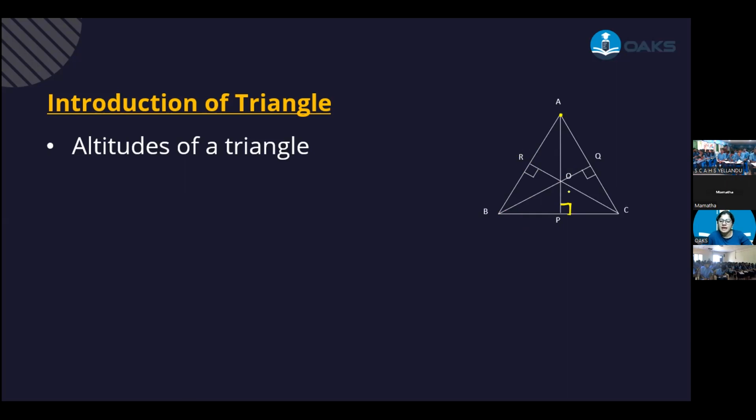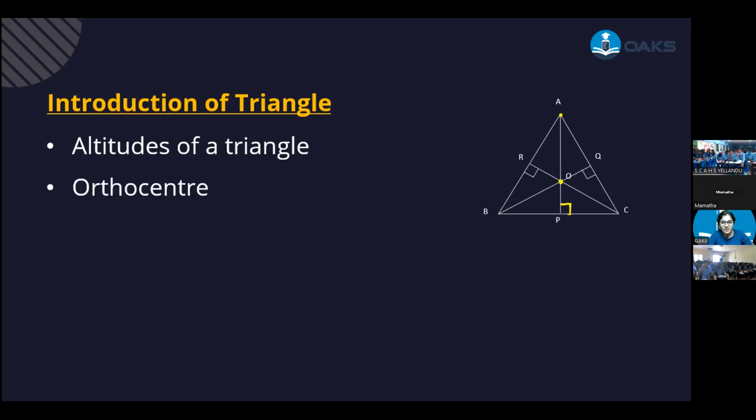Now, if all these altitudes meet at one single point, what is the name of that point? Does anyone know? What does this point get named as? It is the circumcenter.